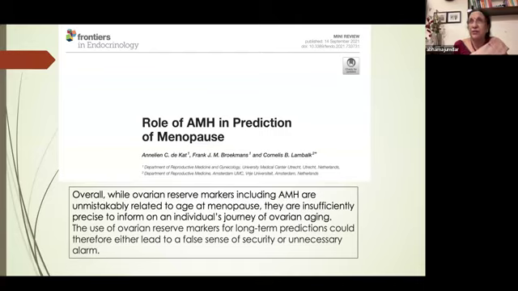Say you do an ovarian reserve marker and at 28 you find it is low; you cannot make a long-term conclusion that she's going to have early menopause or late menopause. So please don't panic if you find low AMH in women who are young. And if she has not tried to conceive and has come to you for the first time for preconception counseling, don't scare her.